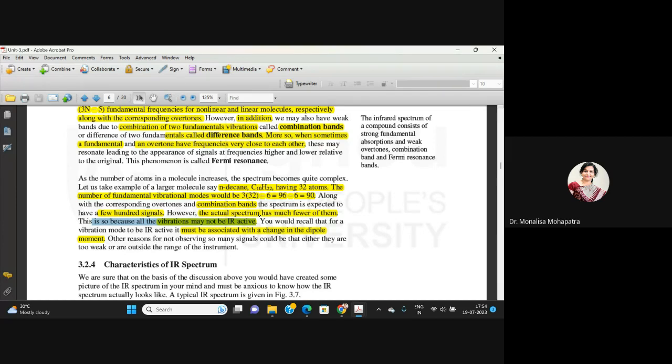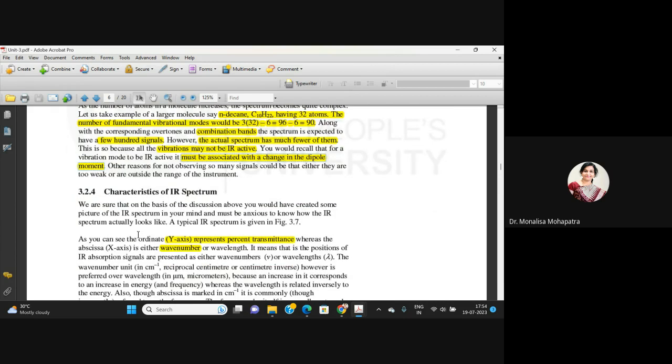The net dipole will not be there, it will be zero. So that may not be IR active, but the vibrations which lead to a change in dipole moment, only those will be IR active.